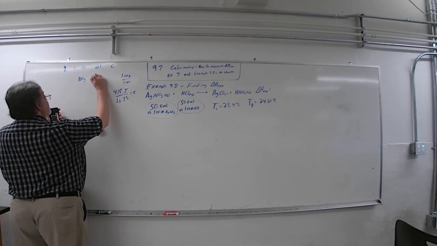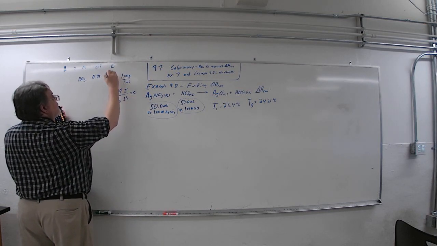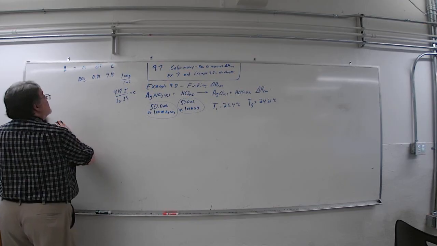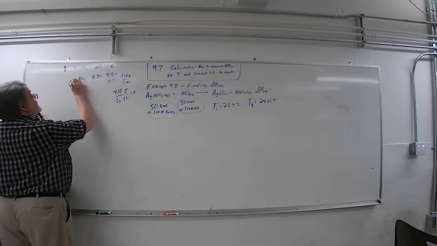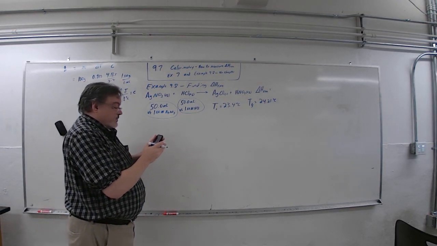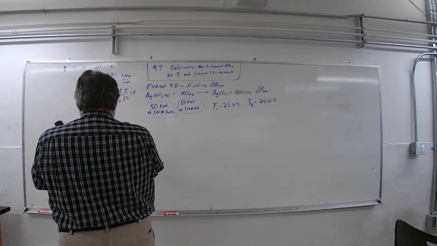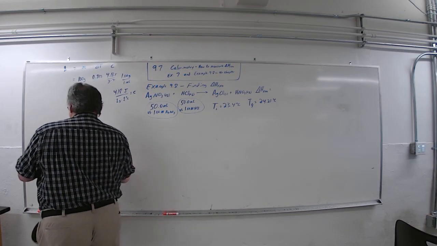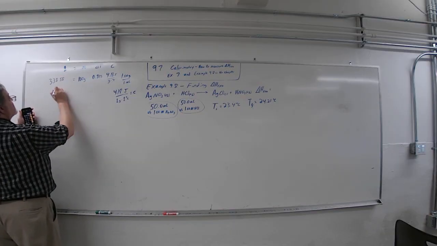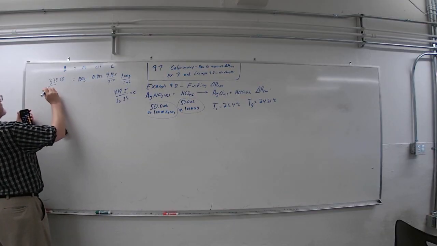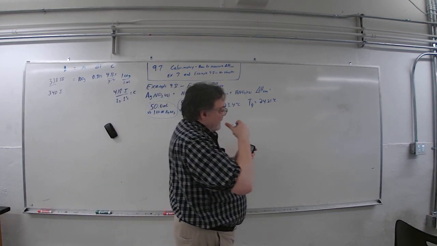Grams, degrees C, and this is joules per gram per degree C. And what we get for joules then is 0.81 times 100 times 4.18. I guess we're keeping two significant figures, so it's 340 joules.